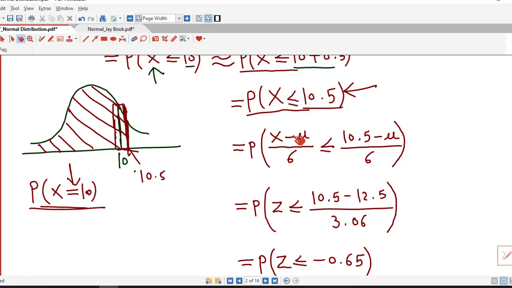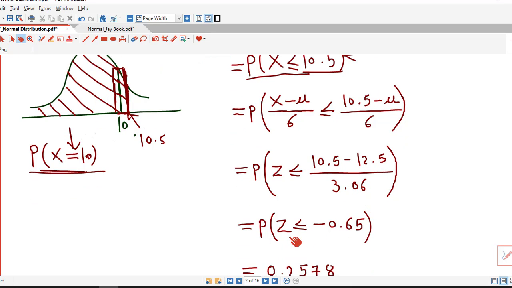Now X minus mu over sigma is capital Z, the standard normal random variable, and here we substitute the values of mu and sigma. Mu is 12.5 and sigma is 3.06. After simplifying, we have the probability that the standard normal random variable is less than or equal to minus 0.65.